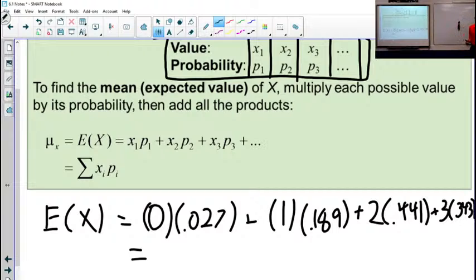We said that 2 is our most likely outcome, so hopefully our answer is somewhere around 2. What do we get? 2.1?